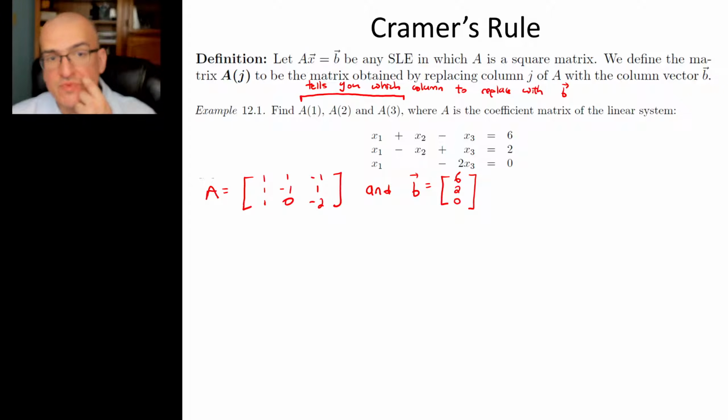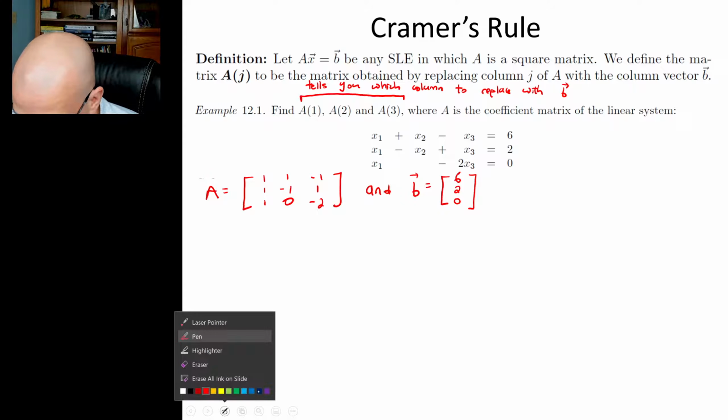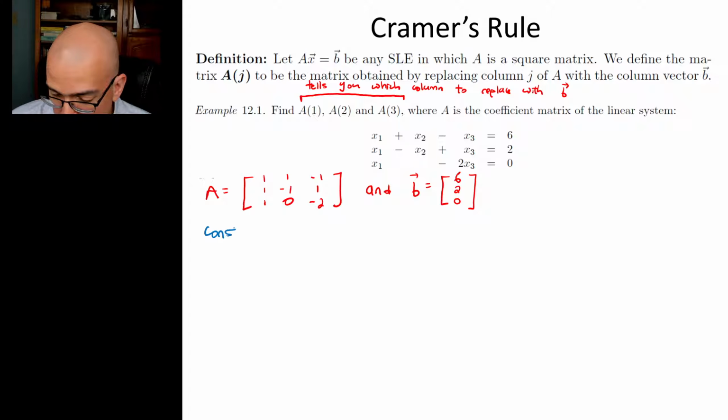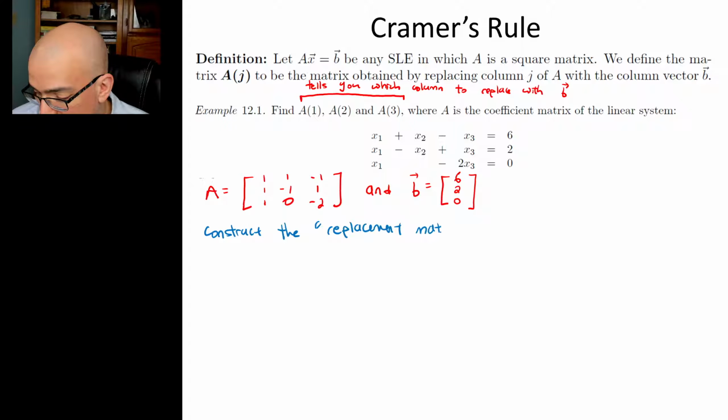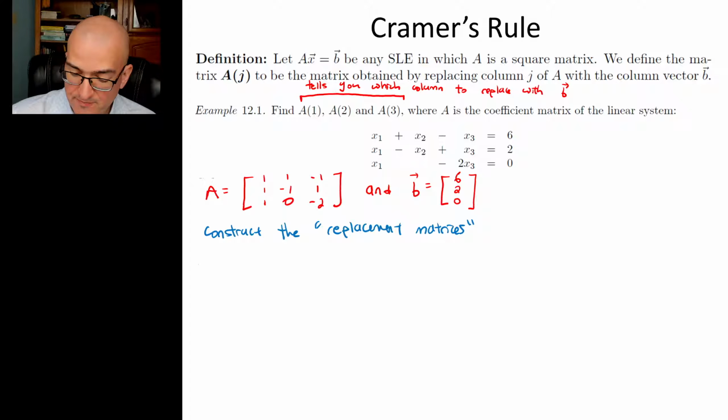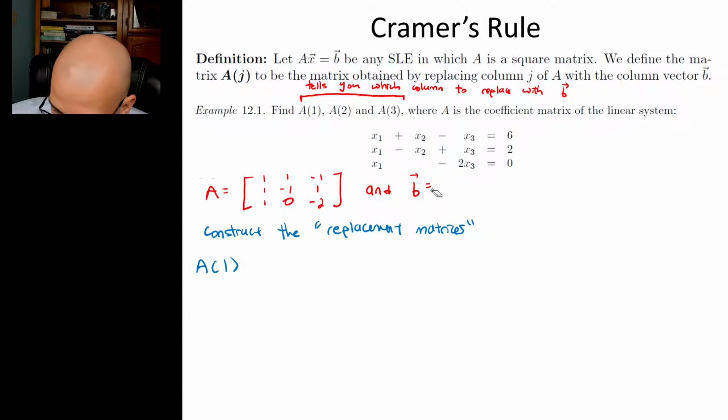Okay, and then from these we can construct the replacement matrices. So A1 is going to be, and actually I'm going to change my color coding for B, to make it a little bit easier to identify what's going on when you're looking at the notes in printed format, for example.